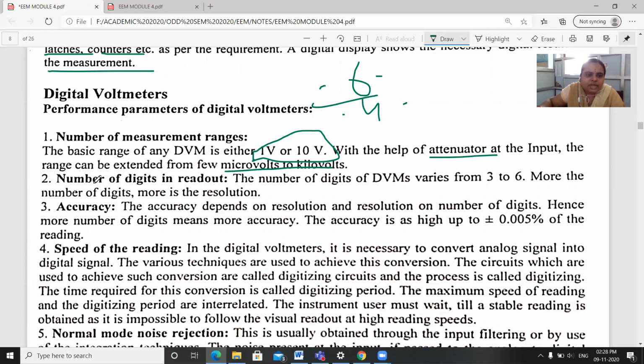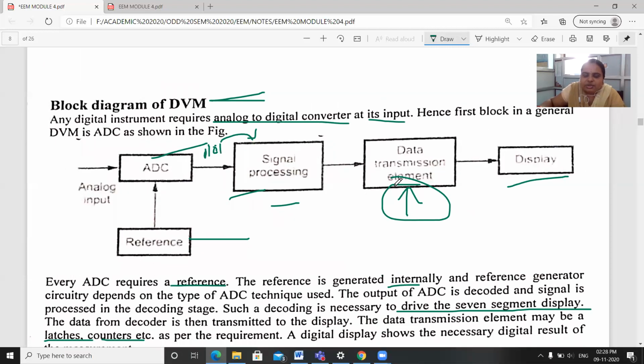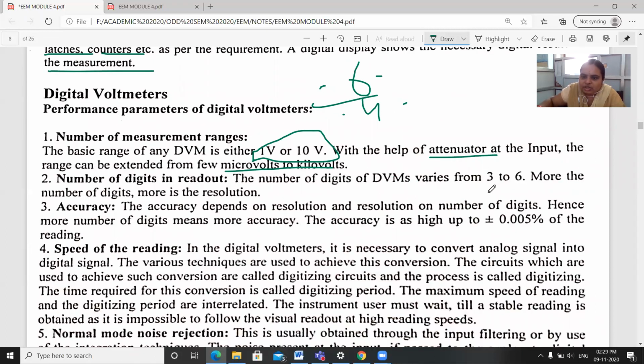The second one is the number of digits in readout. It means how many digits you are going to display at the output. The number of digits of a DVM varies from 3 to 6. The more the number of digits, the more the resolution.